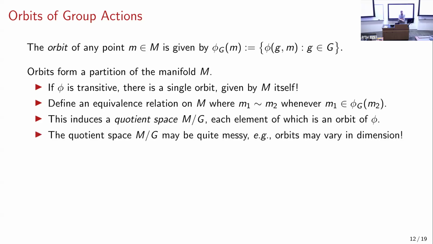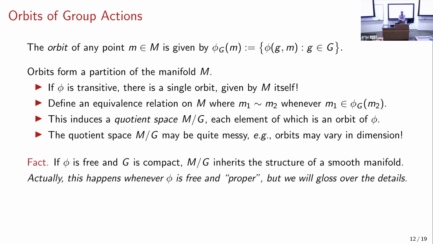And this quotient space in general can be really messy. So it depends a lot on the properties of phi what kind of structure this quotient space will have. But I'll give you a little taste of what that might look like. One of the things we can say is that if phi is free and G is a compact group, roughly speaking meaning it doesn't go off to infinity. So SO3 is an example of a compact group, but SE3 is not because the translation goes off to infinity.